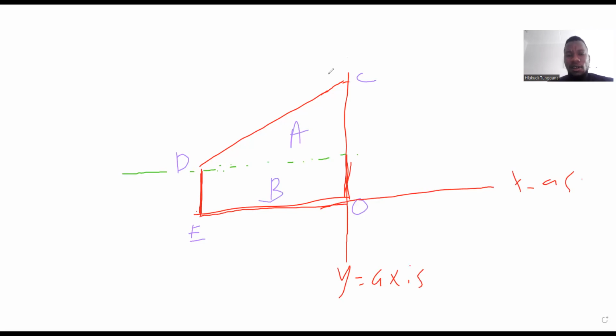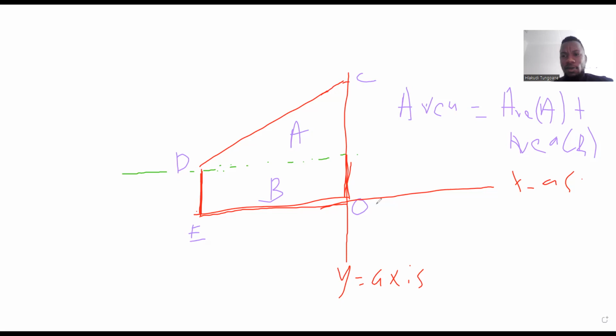So area equals area of A plus area of B. Obviously the area of A is the area of a triangle, and the other is the area of a rectangle.